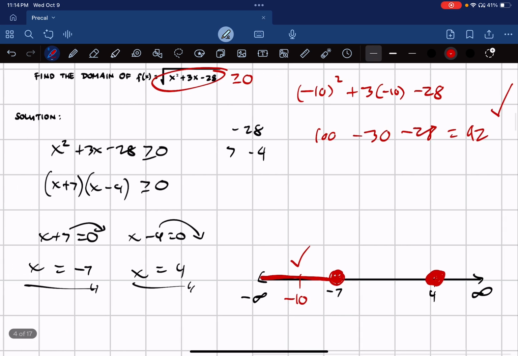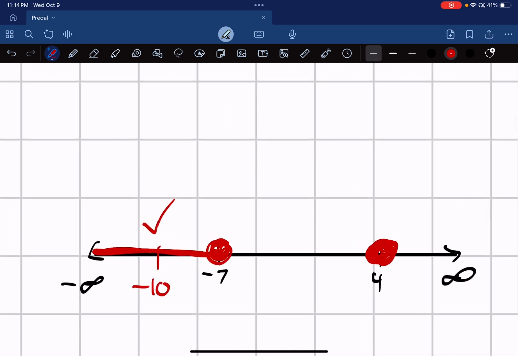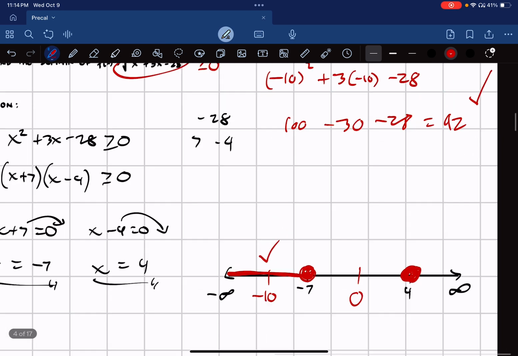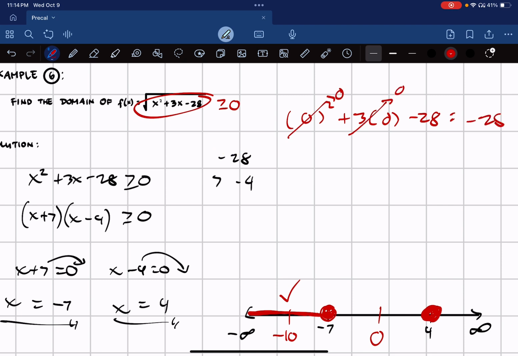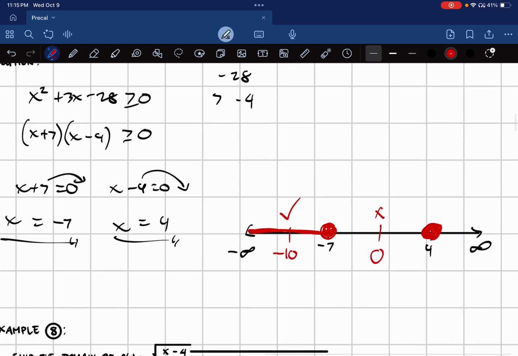Now, we have to check for values in between negative 7 and 4. For example, 0. So we plug in 0. So 0 squared is 0. 3 times 0, 0. What remains is negative 28. Negative. It cannot be negative inside the square root. Meaning, not allowed there.